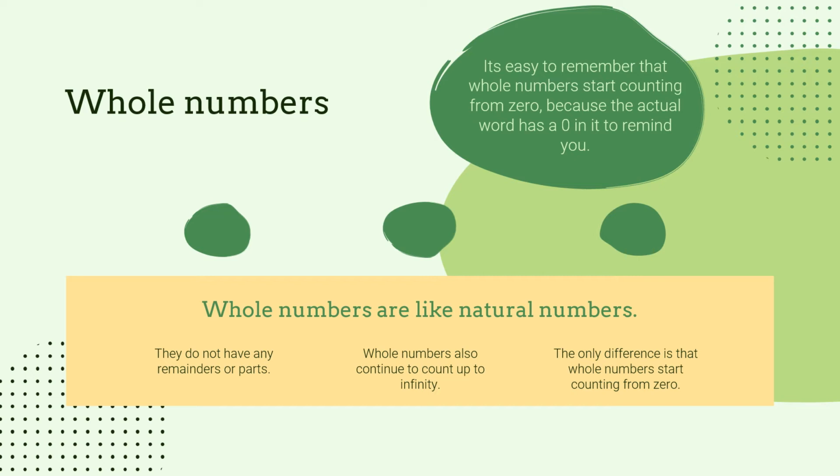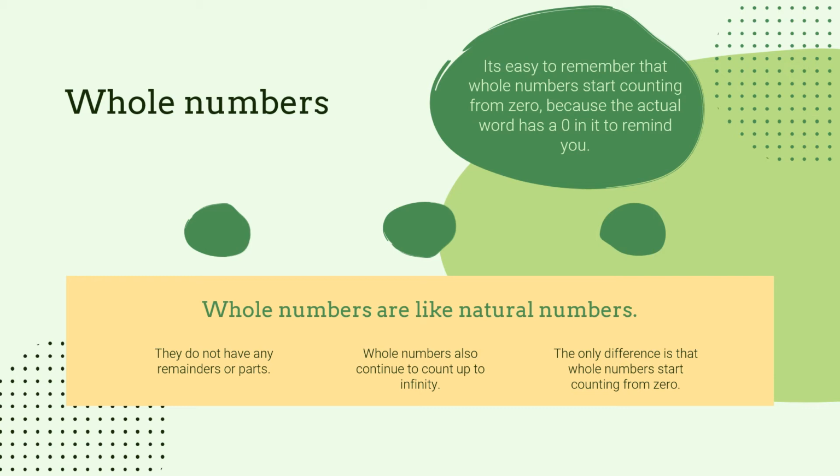So there are no fractions, no remainders, no decimal points. They are whole numbers. Whole numbers also continue to count up to infinity. And the only difference now is that a whole number starts counting from 0, whereas a natural number starts counting from 1.